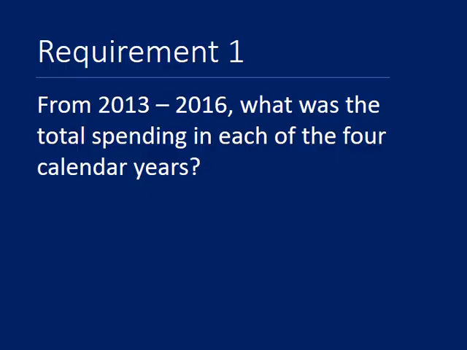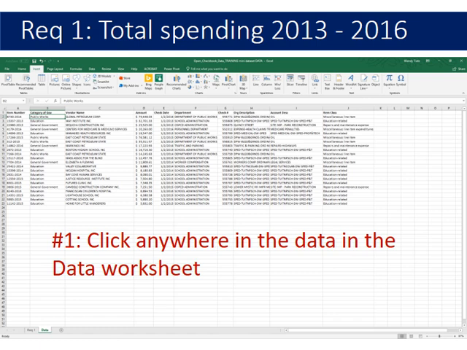Requirement 1 asks, from 2013 to 2016, what was the total spending in each of the 4 calendar years? The first step is to click anywhere in the data worksheet.